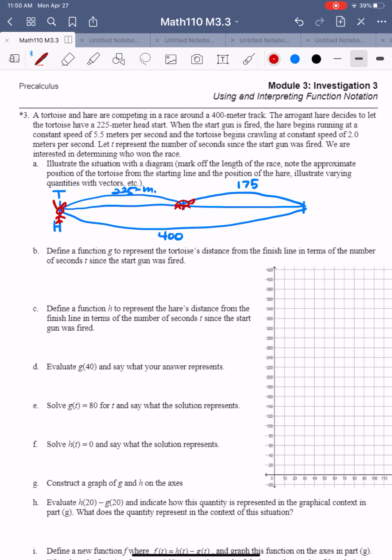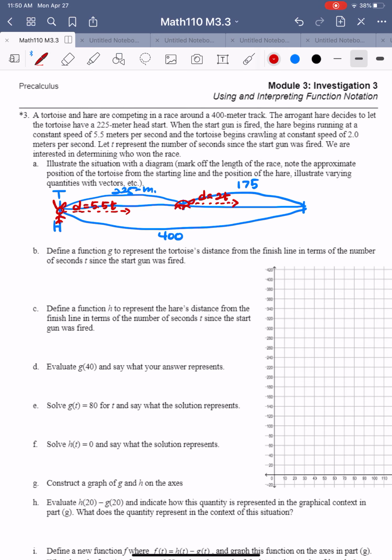Then Taurus runs a distance of 2t, and the hare's distance is 5.5t. B, define the function g to represent Taurus's distance from the finish line in terms of the number of seconds t since the start gun was fired.